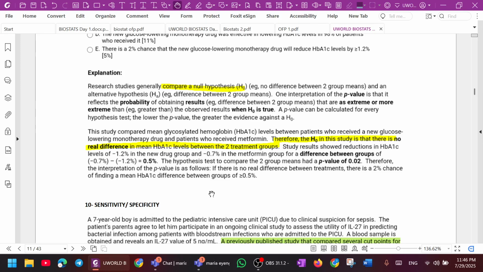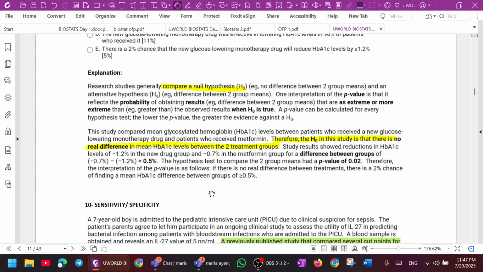The study compared mean glycosylated hemoglobin HbA1c level between patients who received a new glucose-lowering monotherapy drug and patients who received metformin. Therefore, the H naught in the study is that there is no real difference in mean HbA1c level between the two treatment groups.